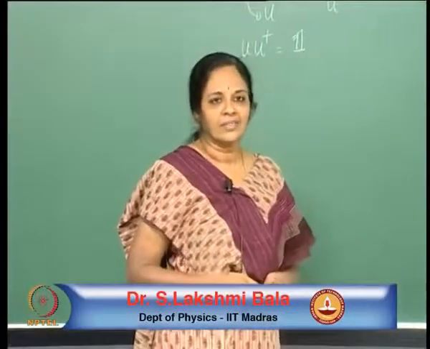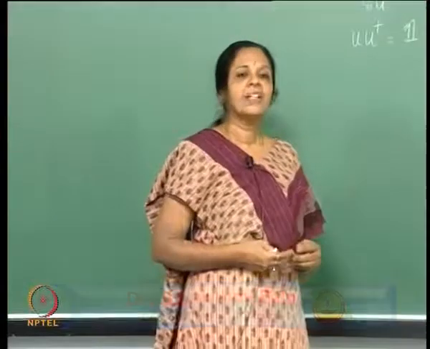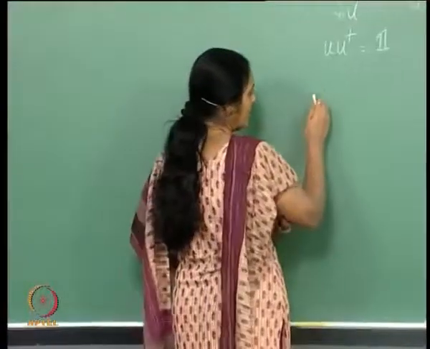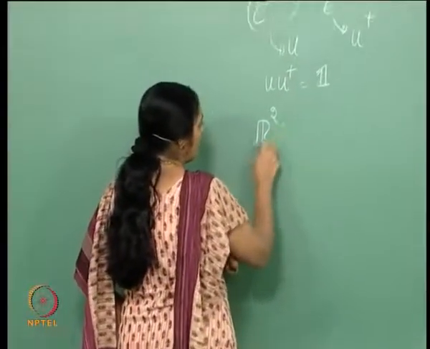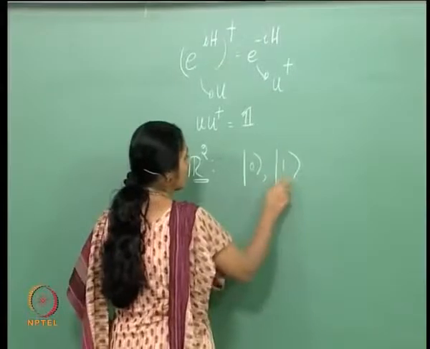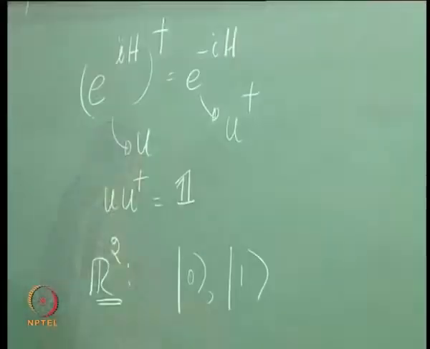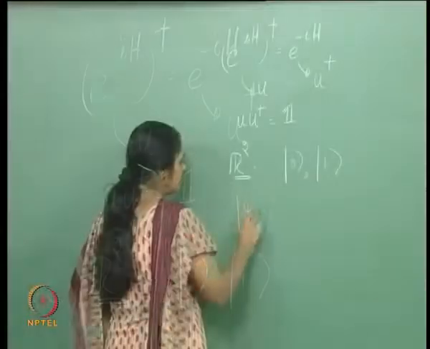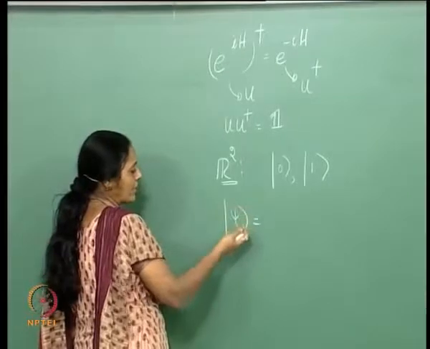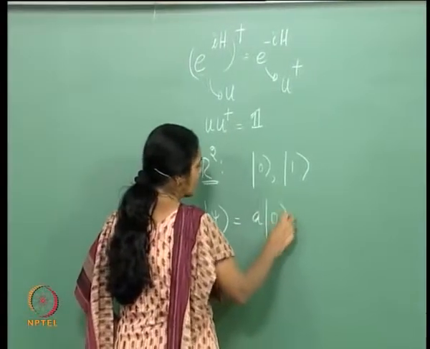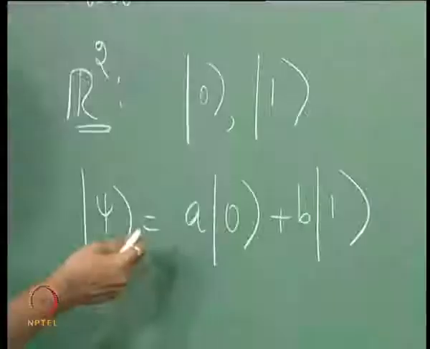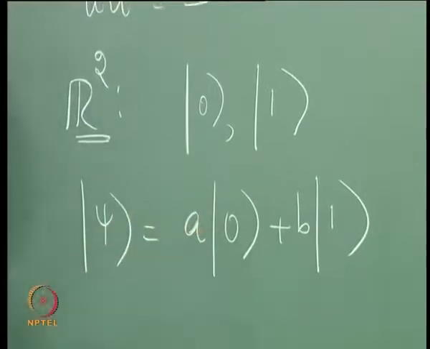How many states are there? In principle, an infinite number of states. Why? In the following sense, that even if you look at the example that I had, R2, where I had ket 0 and ket 1 as the basis states, I can form in general some state psi, I will call it ket psi, as A times ket 0 plus B times ket 1, and this is a superposition of the basis states.